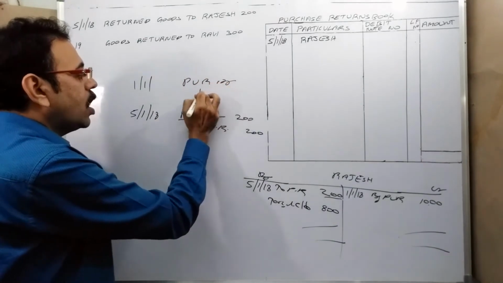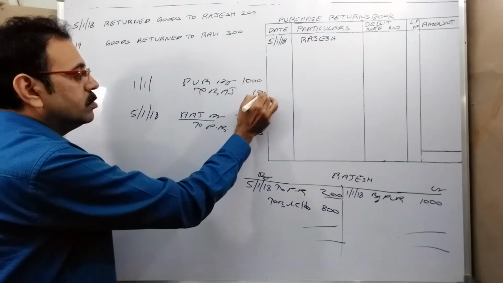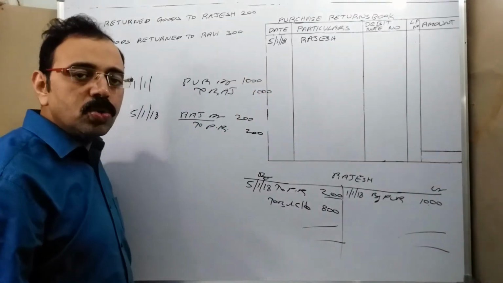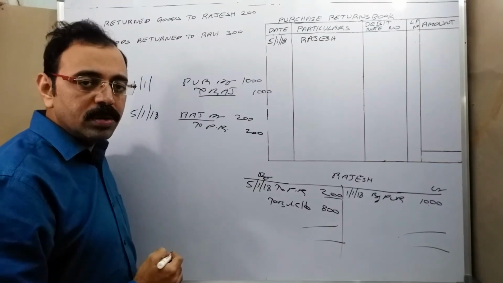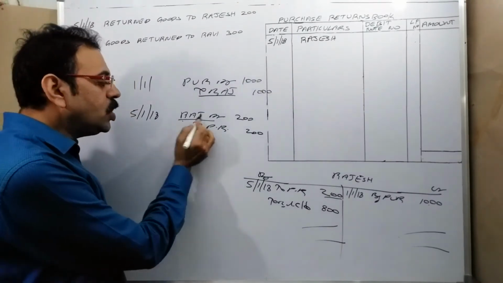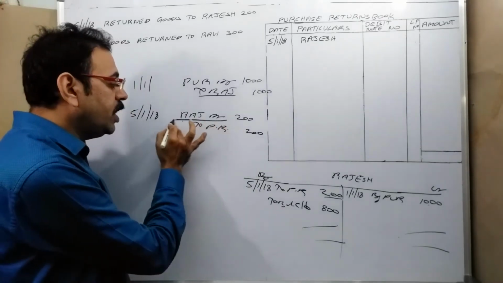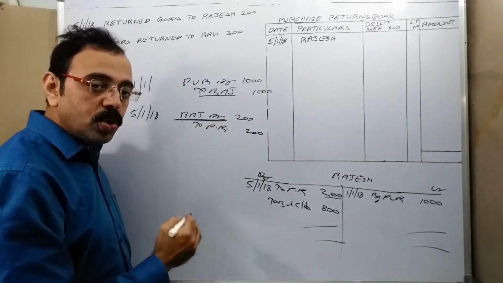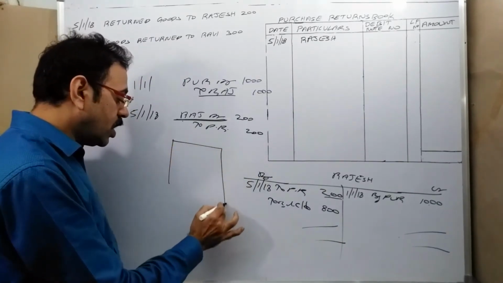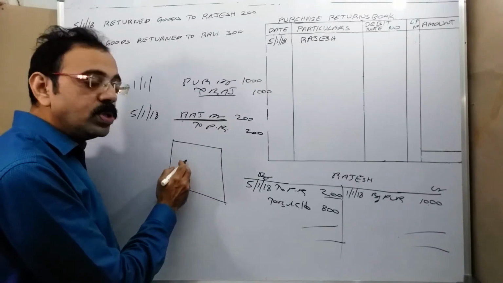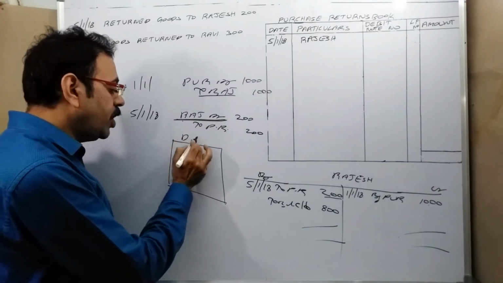Purchases account debtor to Rajesh 1000. When we purchased goods from Rajesh, Rajesh account is credited in our books. Since we are returning the goods to him, in our books we are debiting his account. He should know that. Therefore, by informing Rajesh that in our books we have debited your account, we are sending a debit note.